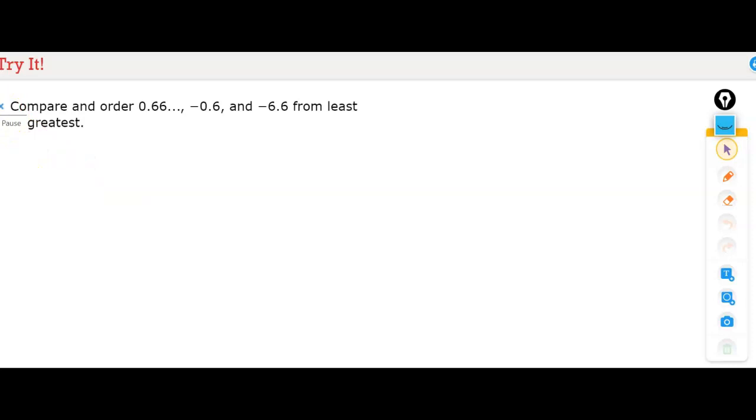Compare and order 2/3, negative 6/10, and negative 6 and 6/10 from least to greatest. 0.66, negative 0.6, and negative 6.6. So I always like to draw a number line.